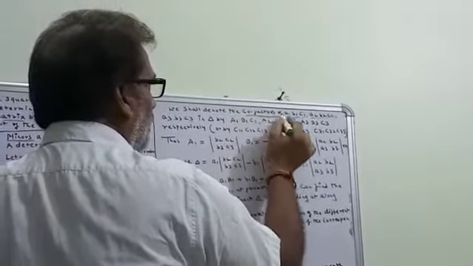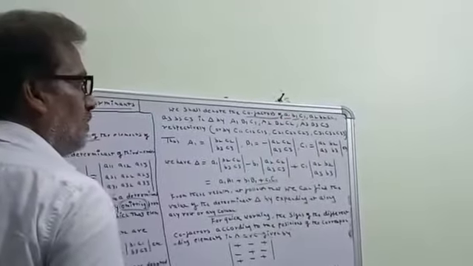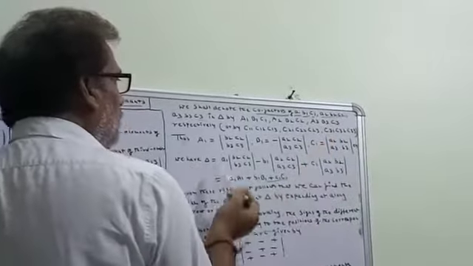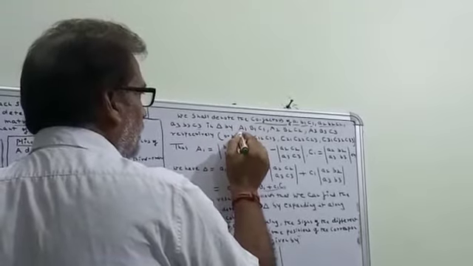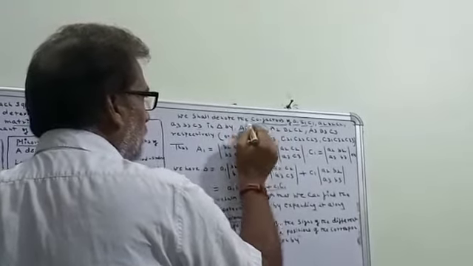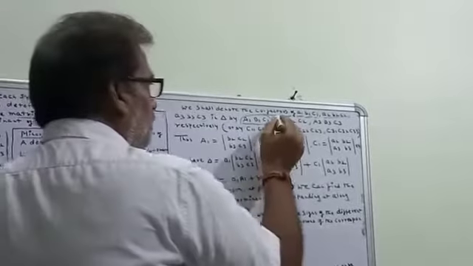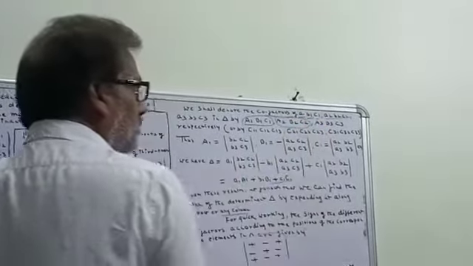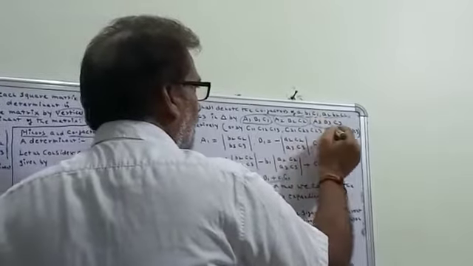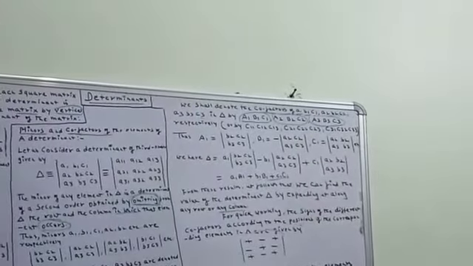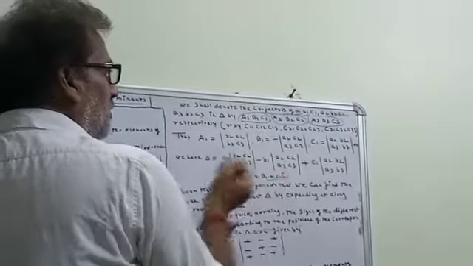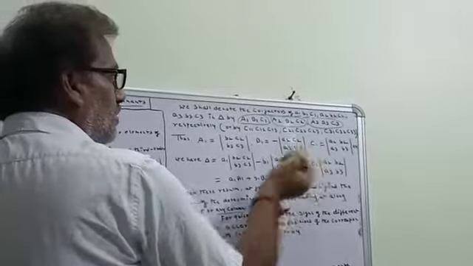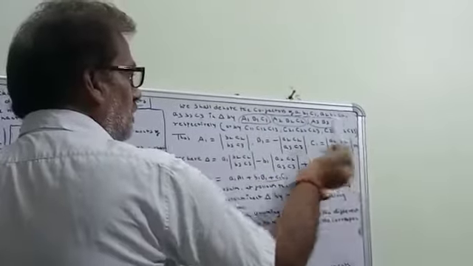Now we shall denote the cofactors of A1 B1 C1, A2 B2 C2 and A3 B3 C3 in delta by using capital letters A1 B1 C1, A2 B2 C2, A3 B3 C3 respectively, or also may be written in C11 C12 C13, C21 C22 C23, C31 C32 C33.